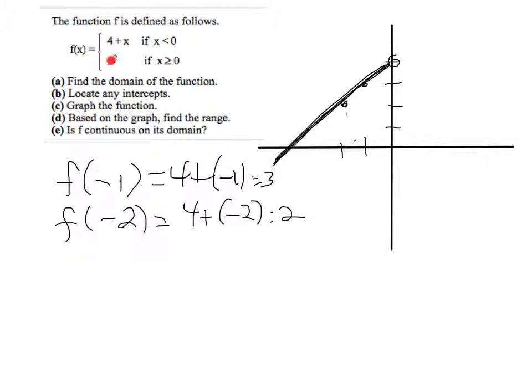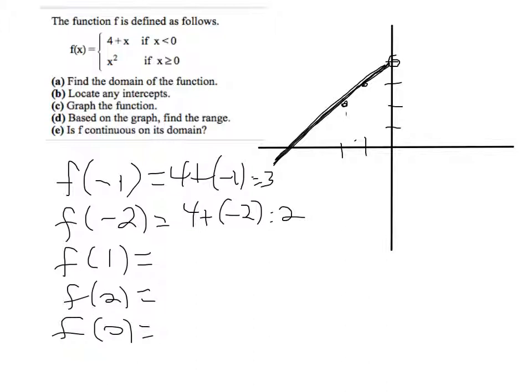Now when we get to this part of the function, you can see I'm plotting a different kind of formula. So for example, if I had f of 1, or f of 2, or even f of 0, for all of those inputs, I would be using this second definition, because 1, 2, and 0 all make this inequality true. Realize that this is less than or equal to, so 0 less than or equal to 0 is a true statement.